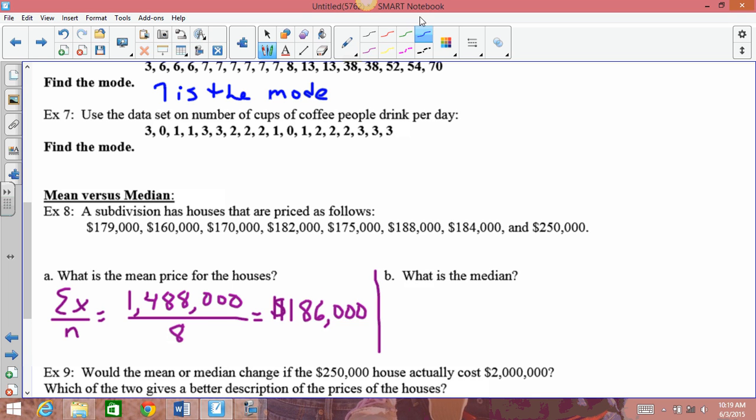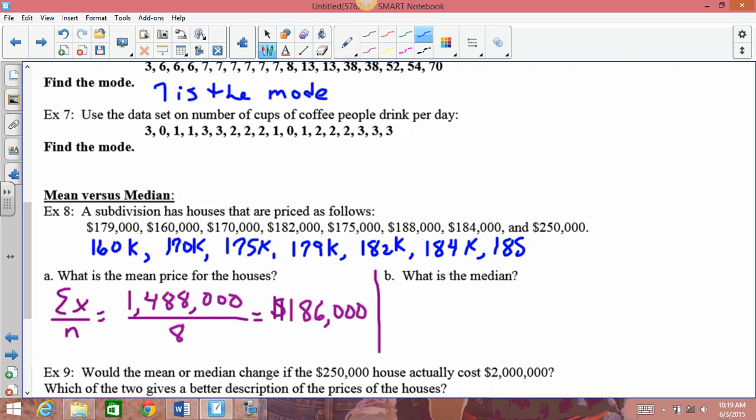So we'll do a little bit of abbreviation here. 160K for 160,000, 170, 175, 179, 184, 188, and 250.